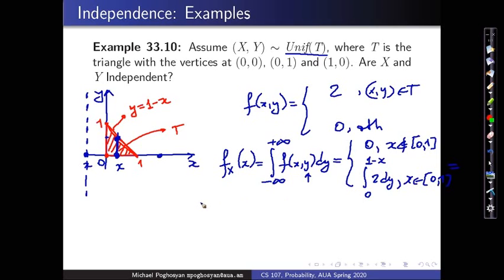If I calculate this, I obtain 0 if x is not in 0, 1, and 2 times the length of this interval, or 2 times (1 minus x), if x is between 0 and 1.